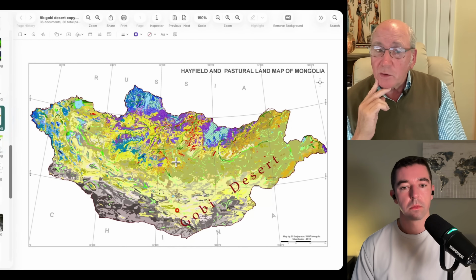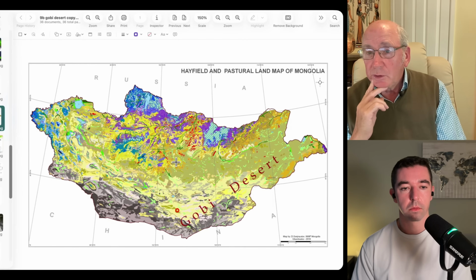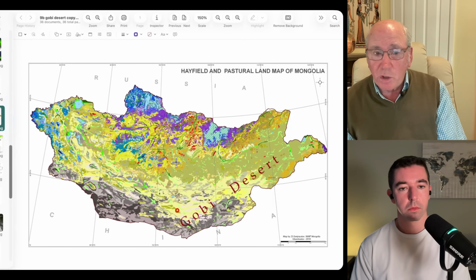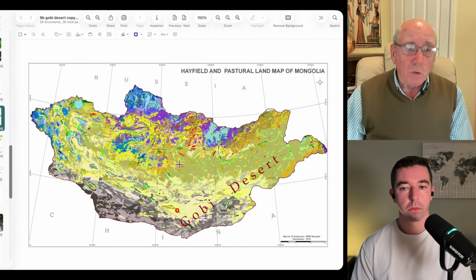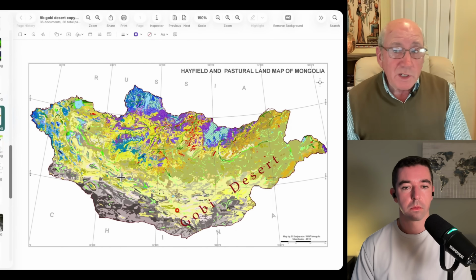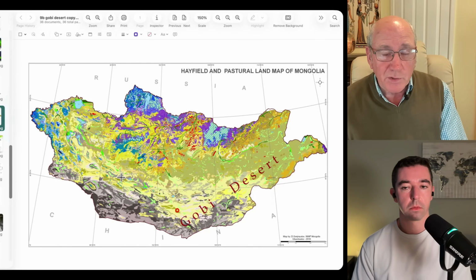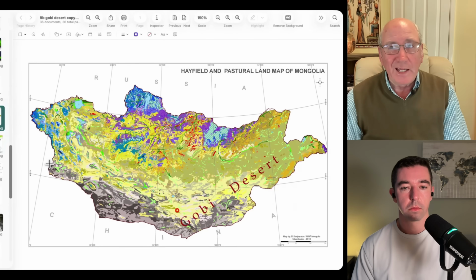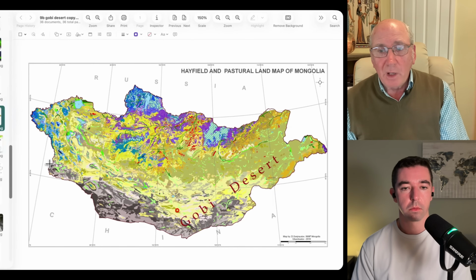Not good for anything else. You can't use it for arable agriculture, but you can use it for pastoral, and of course you get all the nomads with their sheep and their horses. So the Gobi Desert is not producing dust really at present. The only one is the Taklamakan, which is over here somewhere in the lee of the Himalaya, a permanent shifting sand desert even today.